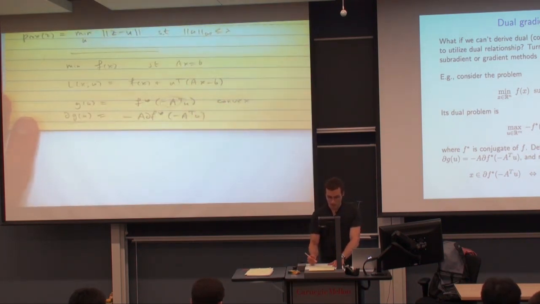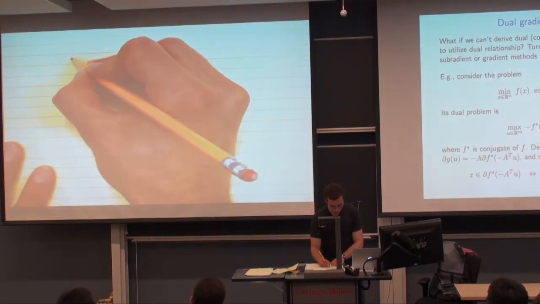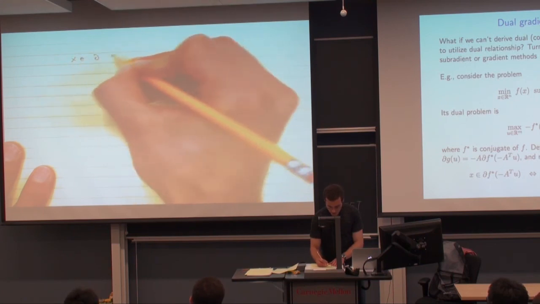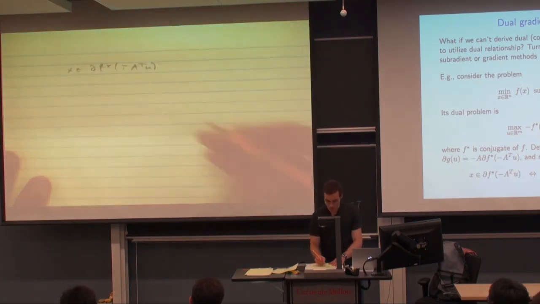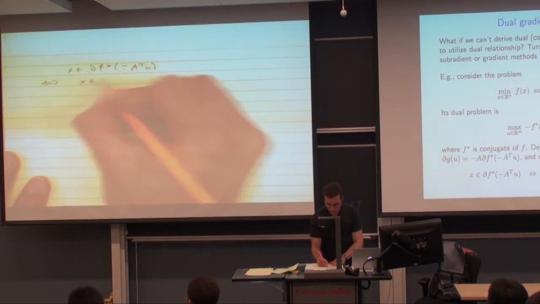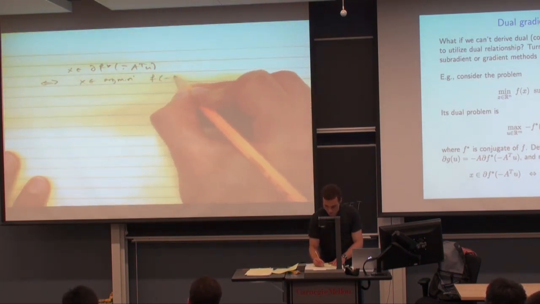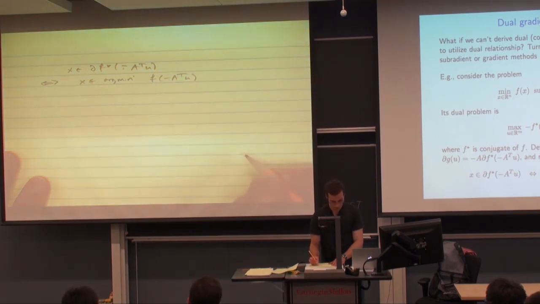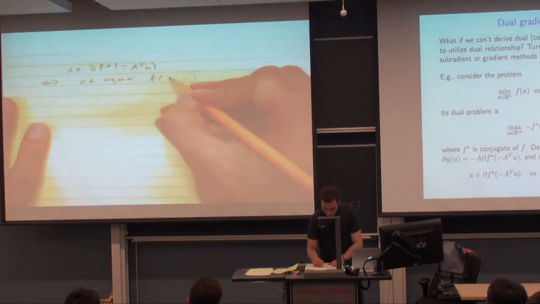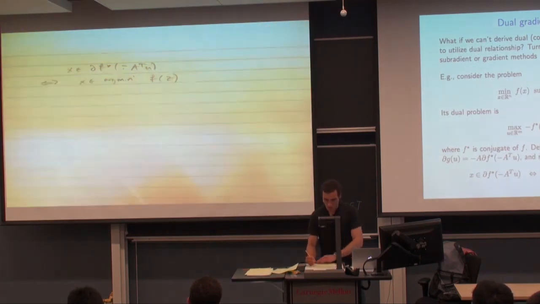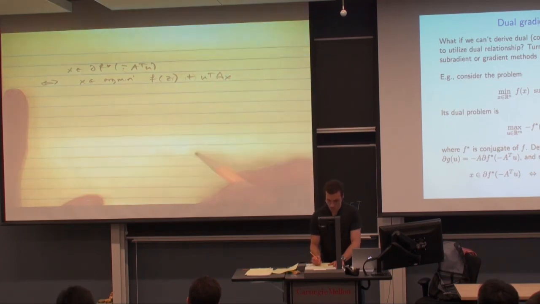And remember we had this rule from studying conjugates that told us that a point x is in the subgradient of the conjugate function at minus A transpose u if and only if x is in the set of minimizers of f of z minus this transpose x, so it ends up being plus u transpose Ax over all z.